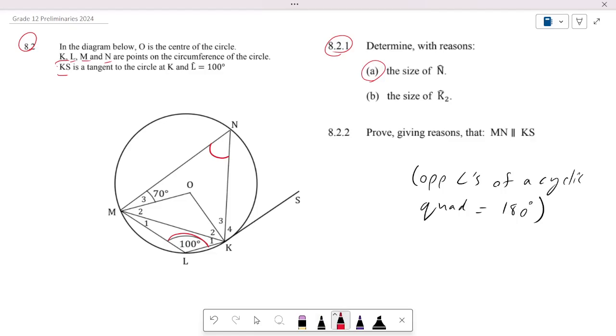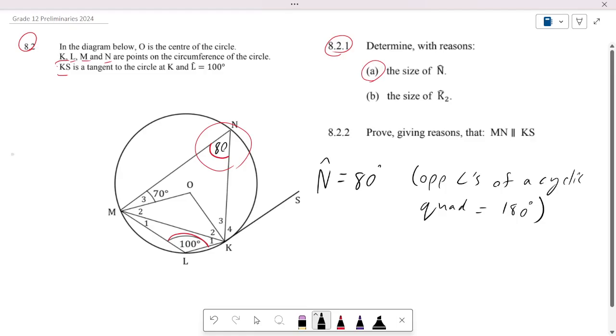They give us one angle, L, which is 100 degrees, so N has to be an angle such that you get a total of 180 degrees. So N is going to be 80 degrees. If you add these two angles together, you'll get 180 degrees.